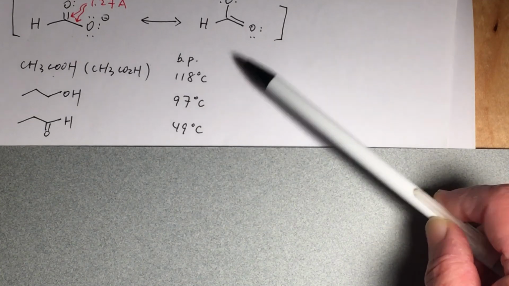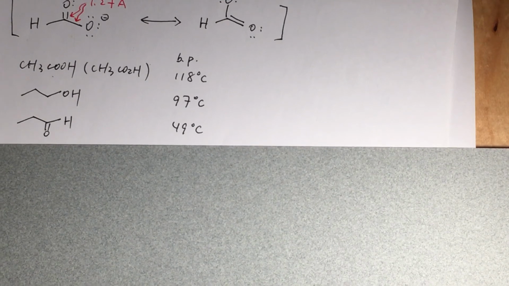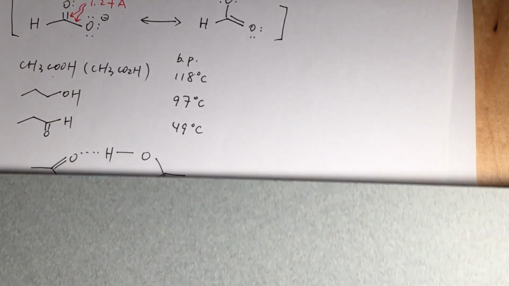For alcohol and carboxylic acid, the intermolecular forces also include hydrogen bonding. Therefore, carboxylic acids and alcohols typically have very high boiling points.